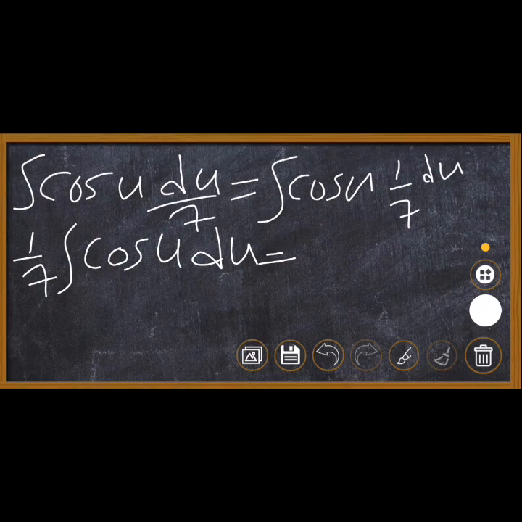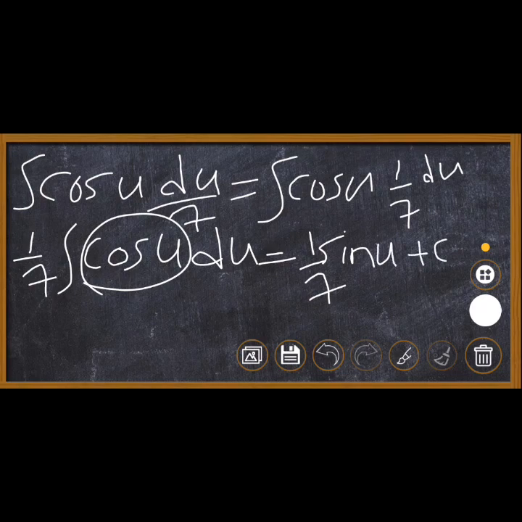So like I said before, I will give out the different formulas where we integrate different kinds of given expressions. So that includes the trigonometric functions as well. So in this case then, we're going to have 1 over 7. So always the integral of cos gives sine. So it's sine u plus the constant c.